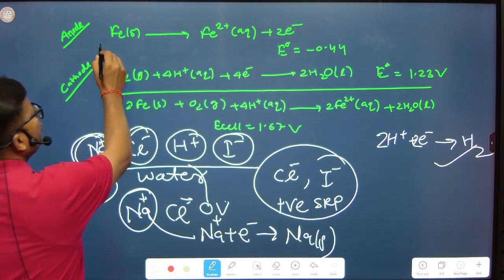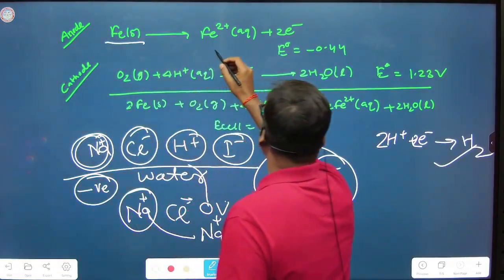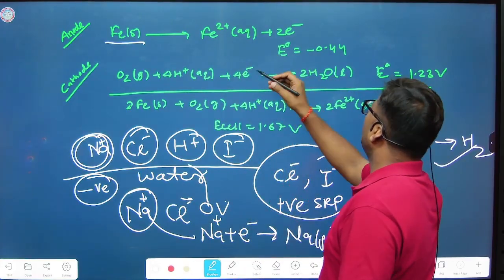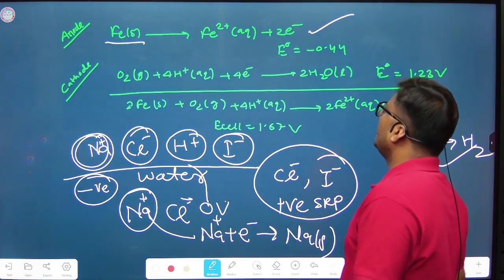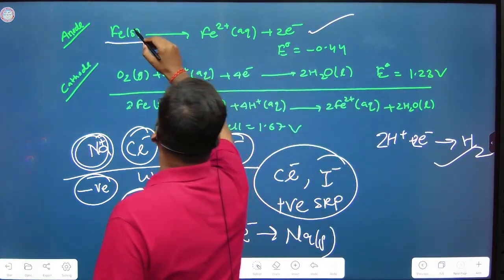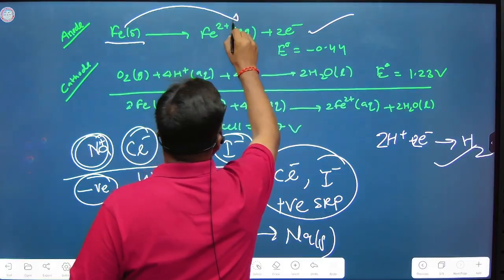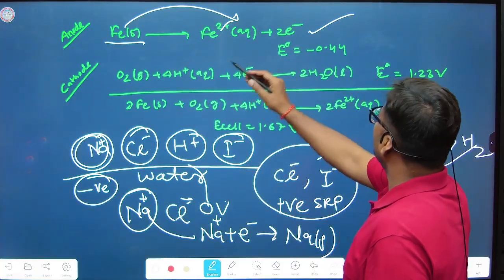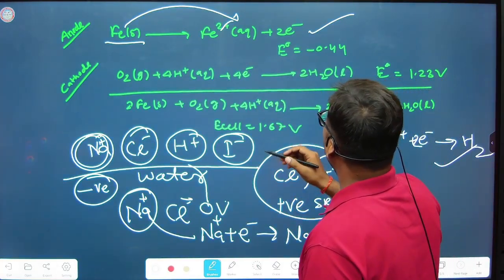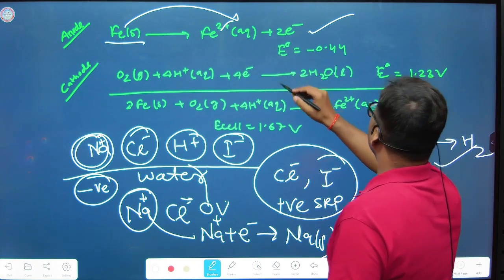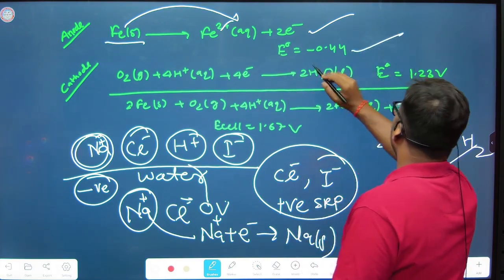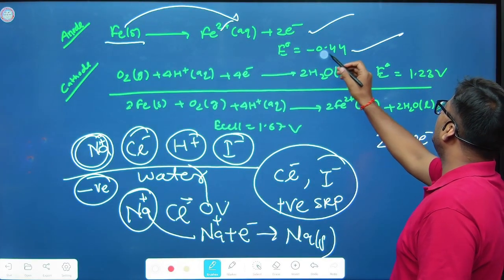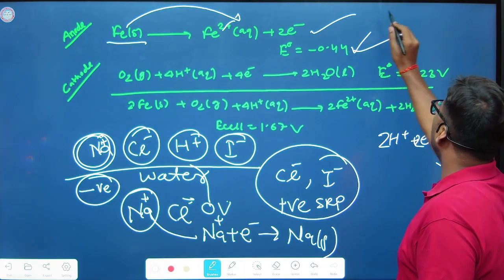That is iron solid, which is oxidized to Fe2 plus in the moisture or aqueous system by releasing 2 electrons. And this is the oxidation reaction, right? This oxidation reaction is the half cell reaction, which has a standard reduction potential for the oxidation reaction of minus 0.044 volt.